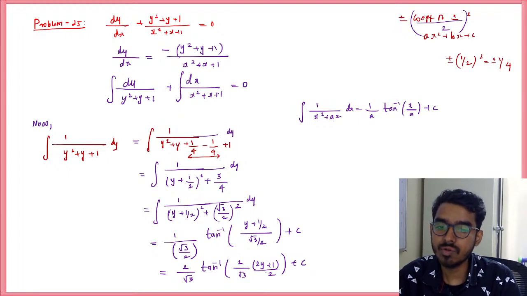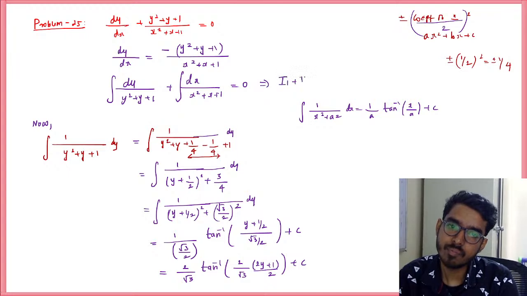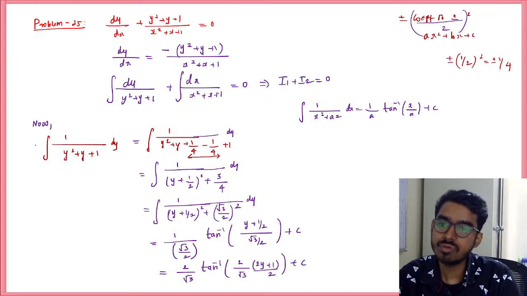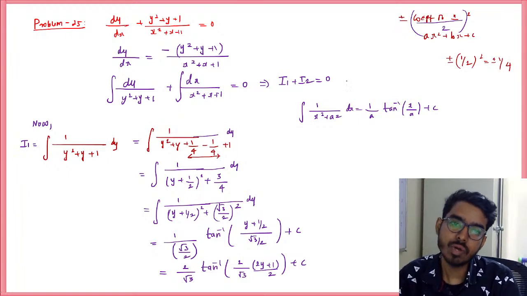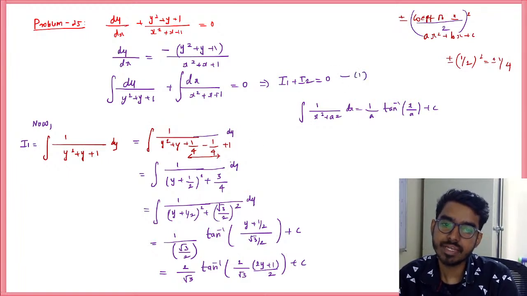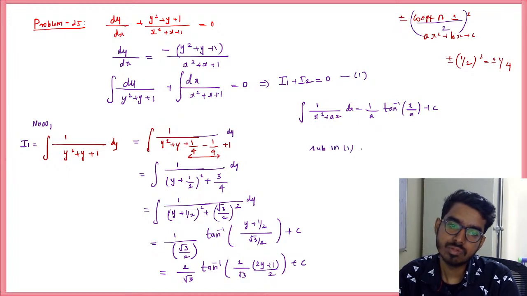Similarly, let's call this I1 plus I2 is 0. This is the value of I1, so substitute in 1 to get the required solution.